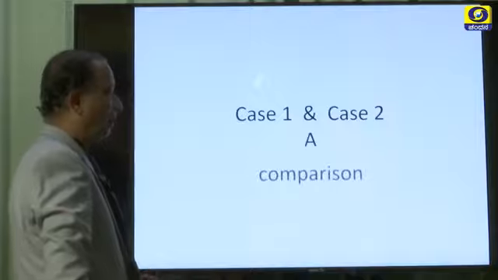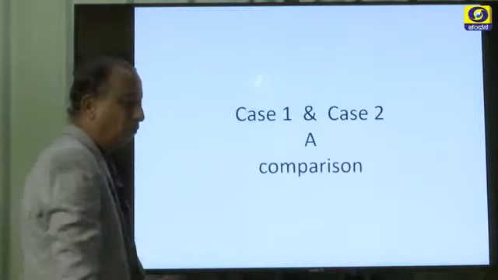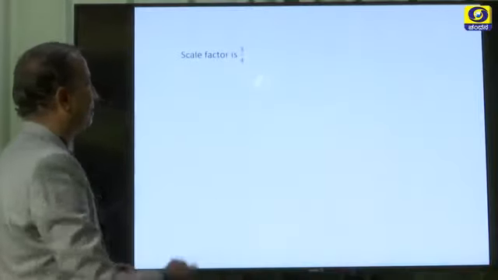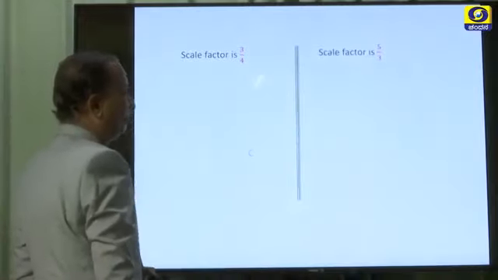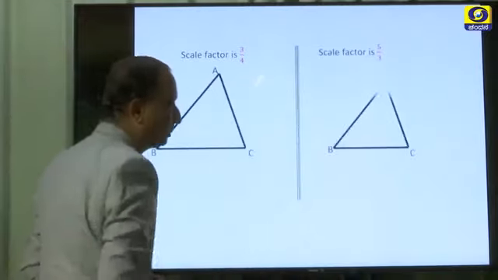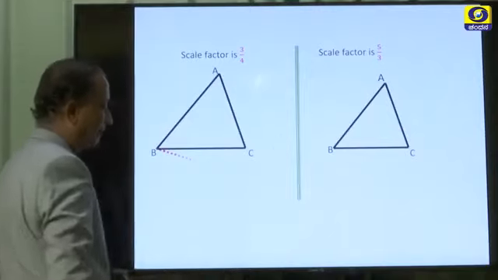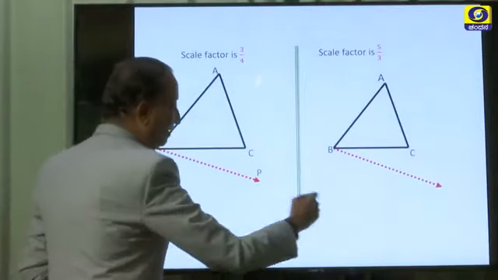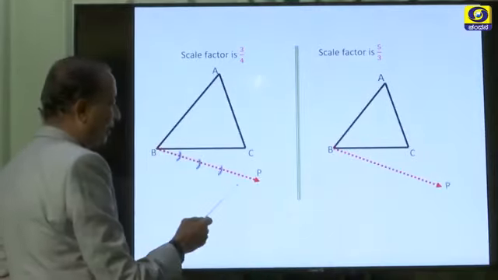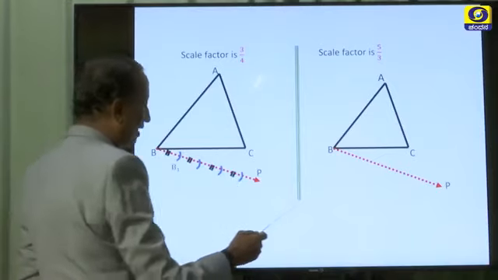Here is a small comparison of both cases, children. Look at this. Scale factor is 3 by 4 and 5 by 3. First we need to construct the triangle as per the data. Draw a ray here, and here also.